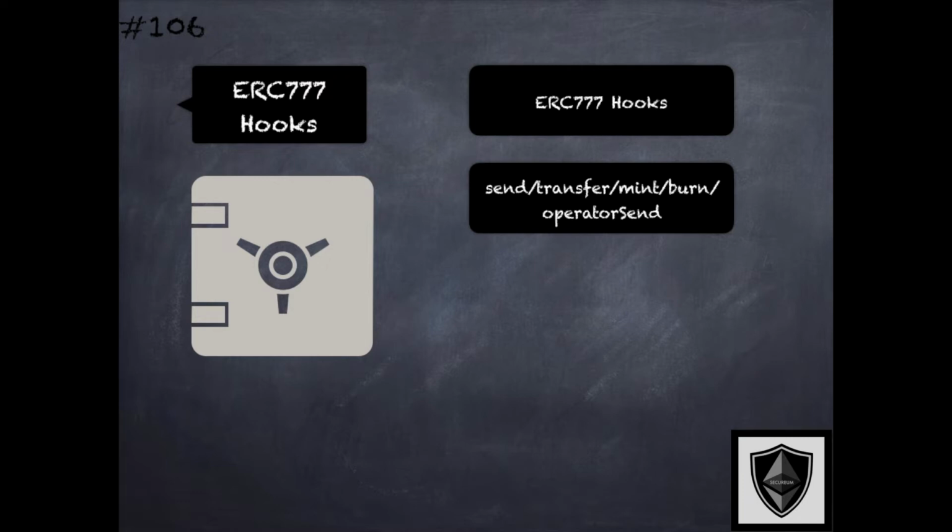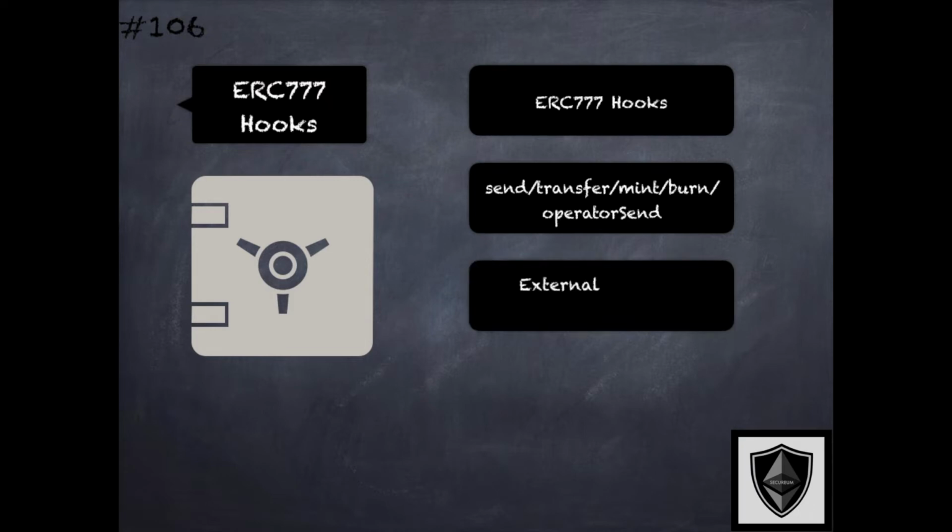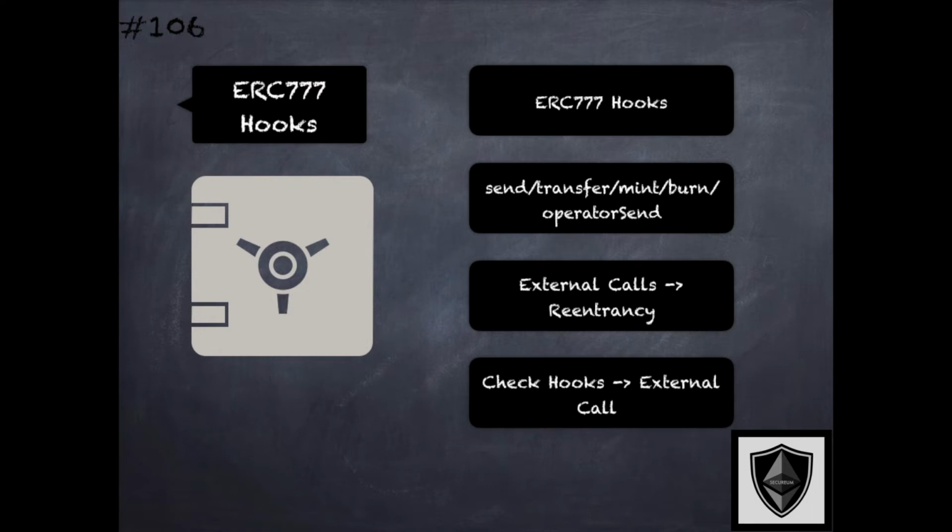While they may enable a lot of interesting use cases, special care should be taken to make sure that these hooks do not make any external calls, because such calls can result in re-entrancy vulnerabilities. So the best practice with ERC 777 tokens is to check for their hooks and make sure that external calls are not being made.